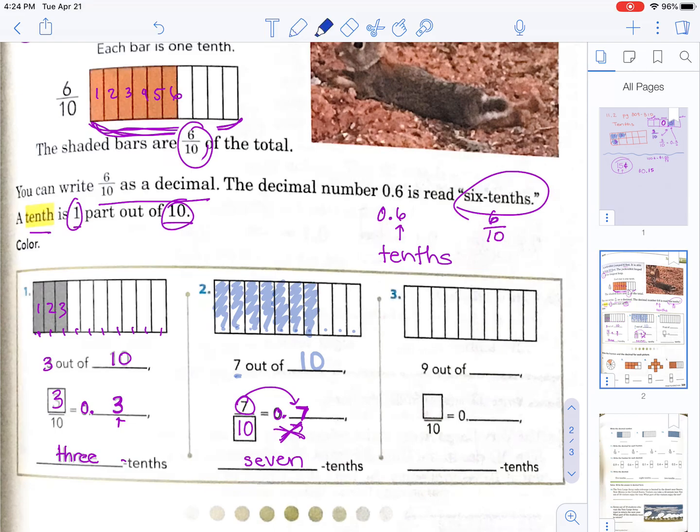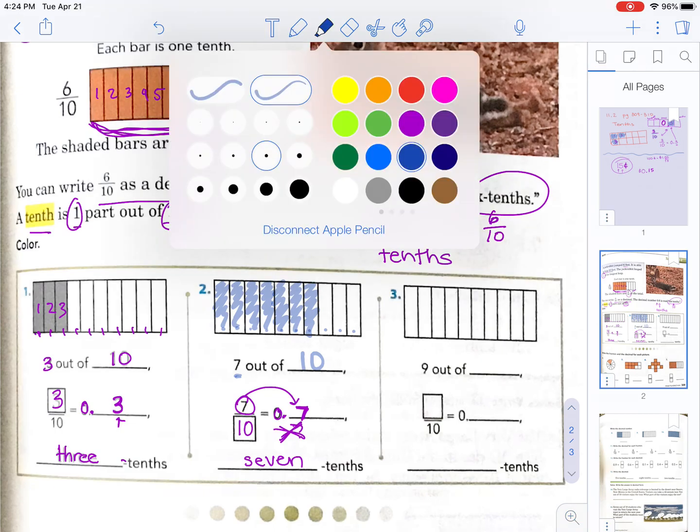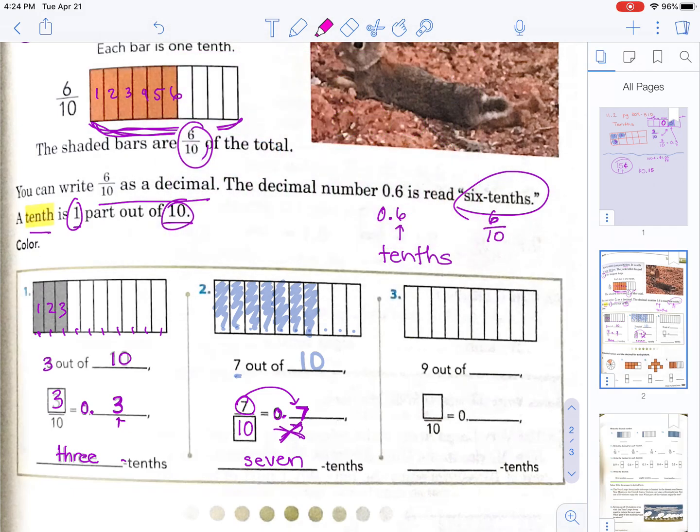Okay, let's try another one. I'm going to switch this color. Okay, 9 out of, guess what? I bet you it'll be 10. Let's see, 1, 2, 3, 4, 5, 6, 7, 8, 9, 10. Yep, they did it right. So we're going to color in 9 of those. 1, 2, 3, 4, 5, 6, 7, 8, 9.